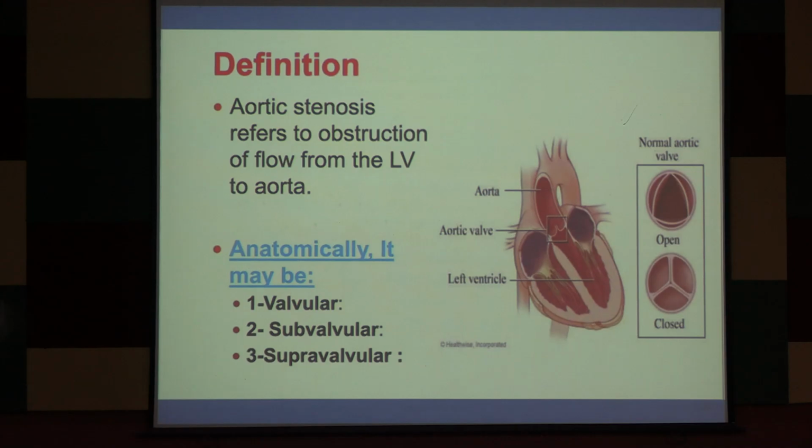Today's discussion is mainly concerned with the valvular deformity of the aortic valve. So, valvular aortic stenosis is the point of discussion, but the supravalvular and subvalvular aortic stenosis should also be kept in mind.